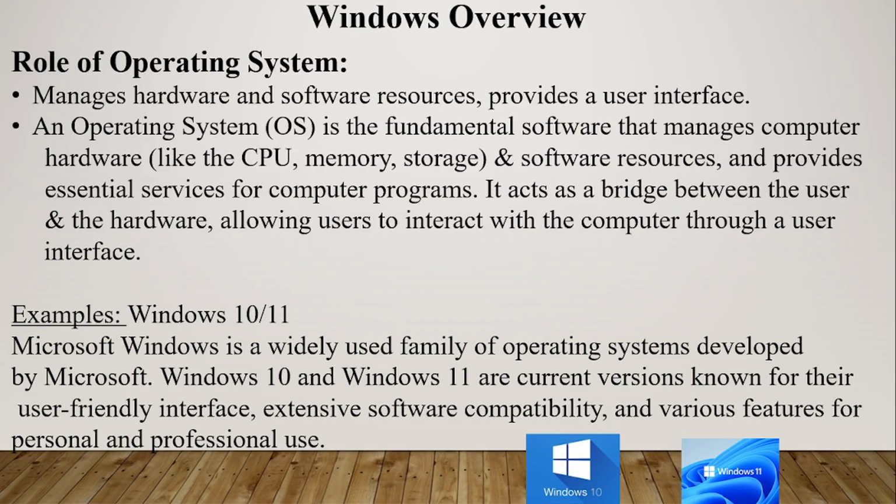It acts as a bridge between you, the users, and the physical components of the computer. Windows provides a graphical interface that makes interacting with the computer easy even for non-technical users. Microsoft Windows is one of the most popular operating systems. The latest versions, Windows 10 and Windows 11, are widely used for both personal and professional tasks.